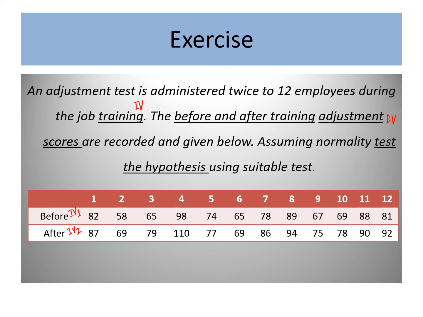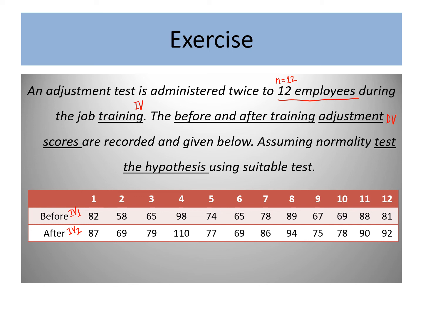How many individuals are in this study? 12 employees. So it denotes that n equals 12. See, 12 sets of scores are here. So a single group of individuals is exposed to two conditions and their scores are given.